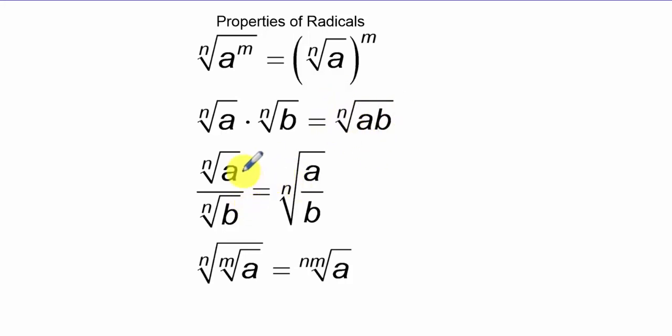Likewise, if I have a division of two terms with the same index, I can combine that again to the division of those two terms under the same indexed root. In this last example, a little bit different, I have two separate indexes, one contained within the other, and that's equivalent to the product of those two indices, all with the same number under the root.